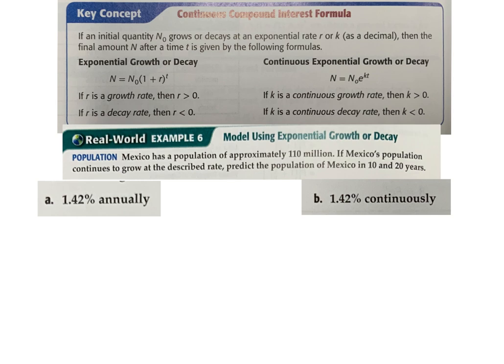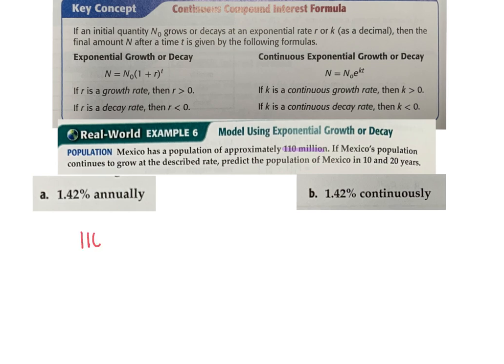Initial amount. Well, that's the amount that they gave us right here, 110 million. So we're going to say 110 million is my initial amount. And then my rate. Well, they gave me the rate here, 1.42%. I need that in decimal form. So don't forget to move it over 2 places. 0.0142. And then amount of time.